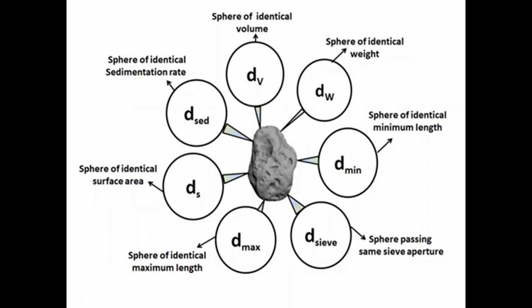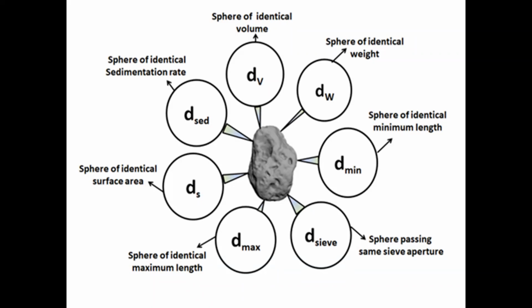Similarly, you can convert it to a sphere of identical weight. From that identical weight you can determine the diameter, which is called dW. If you convert it to a sphere of identical minimum length, you get the diameter called d minimum. And the sphere passing the same sieve aperture, sieve, you know, sieve, chalni.